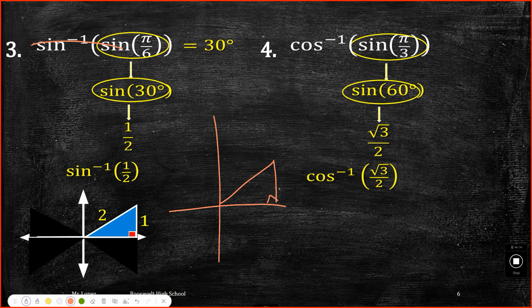Adjacent over hypotenuse. So that root 3 has to move over here, and the hypotenuse is 2. So this is going to be 1, and that makes this 30. So 30 is pi by 6. So it changes to not that, but pi by 6.